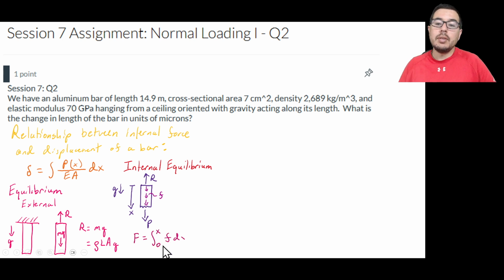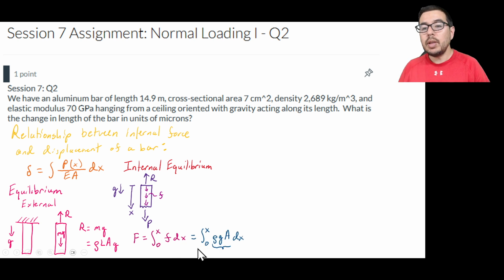And that means that a large force, that is the accumulation or the integration of this distributed force, can be given as the following, going from 0 to x of f with respect to x. And if we substitute in an expression for f, we get the following.